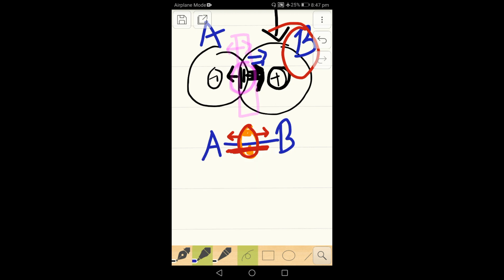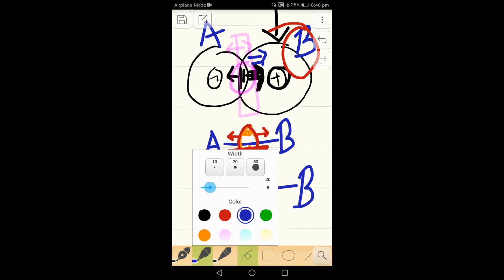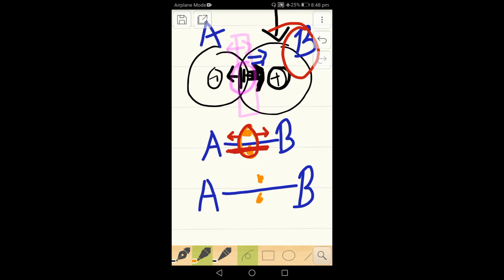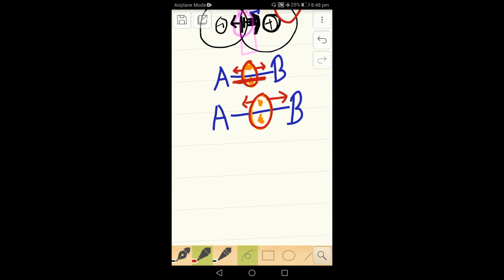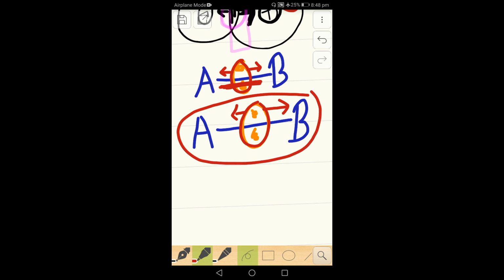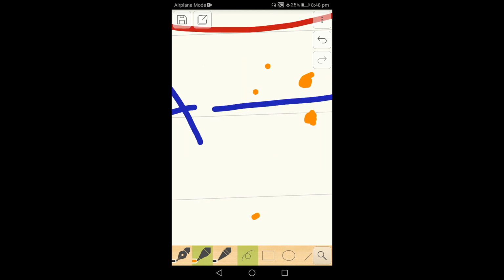So this is A, this is B. Since B has a higher electronegativity, these electrons will vibrate more towards B and very little towards A. We express this case in the following manner: we draw A and B and draw the bonding electrons slightly more towards B rather than in the middle.